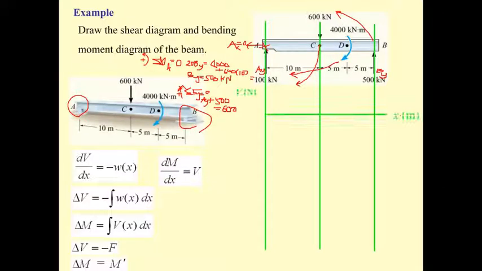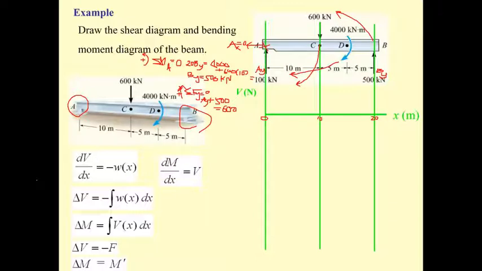And then for the shear diagram, again we put x along the horizontal axis. This one is 0 meter, this one is 10, and this one is the total of 20. The shear is in the vertical direction.